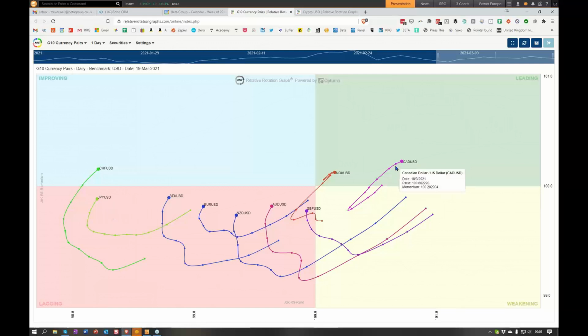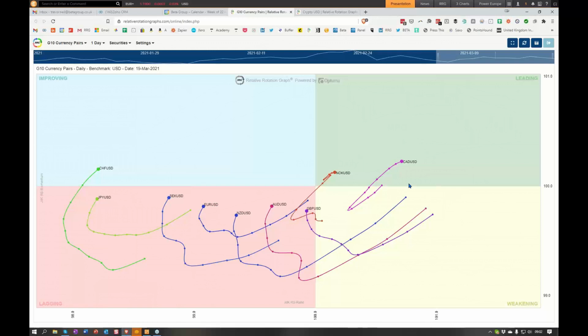These tails show where it was yesterday, Friday, the day before, etc. We've got this rotation going on. You can see that it's going clockwise. That's normal behavior. This being in the leading quadrant means that the Canadian dollar is strongest versus the US dollar, strongest of all the G10 currencies. Also, it's the highest on the y-axis, which means high positive momentum.